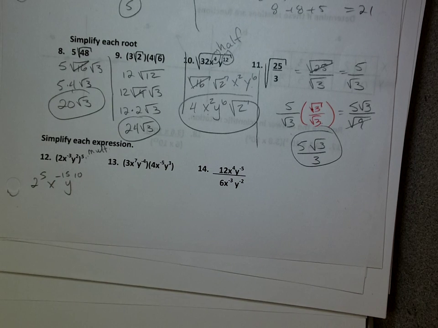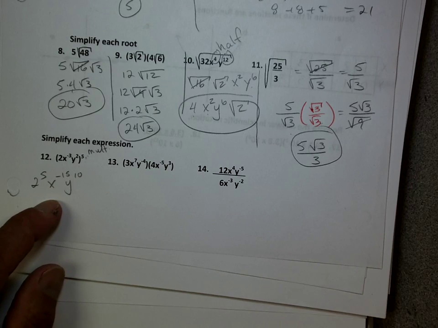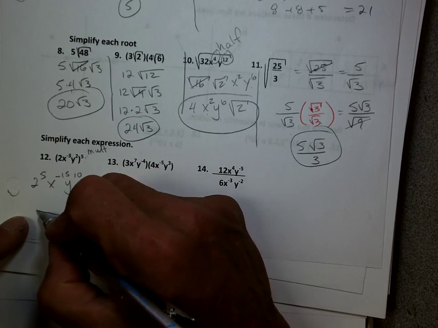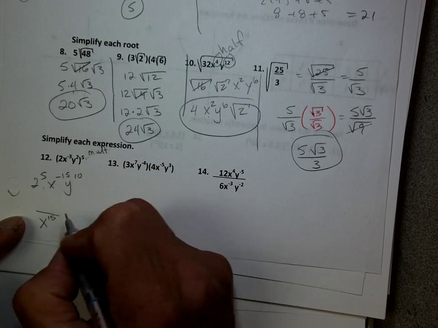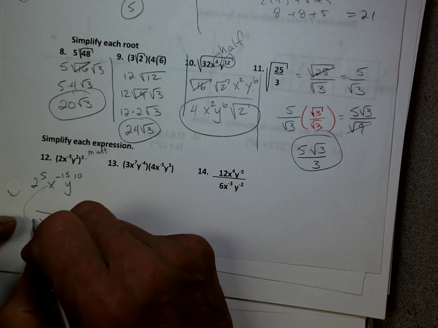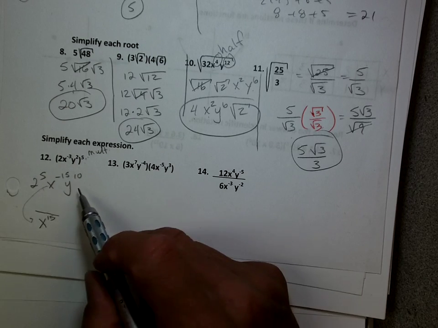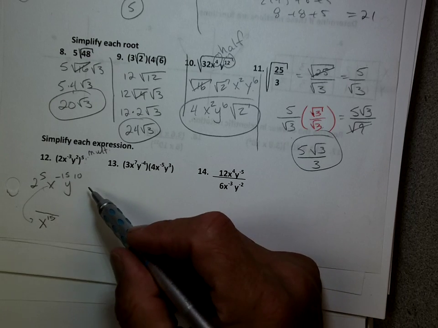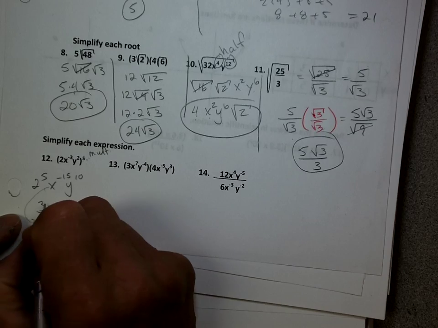Now in the last quiz, too many of you left it here. If it's a negative exponent, we just need to make it positive by moving it. So I'm going to move the x to the negative 15 down and make it x to the positive 15, okay? So that came down. 2 to the 5th. 2 times 2 is 4 times 2 is 8 times 2 is 16 times 2 is 32. 2 to the 5th power is 32.